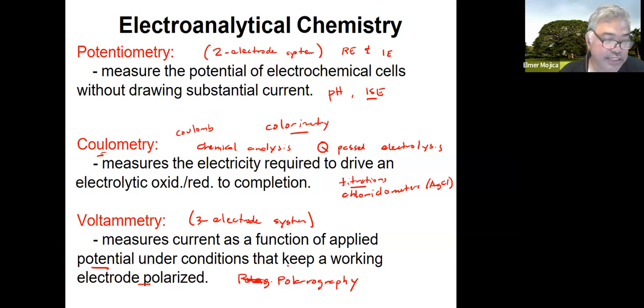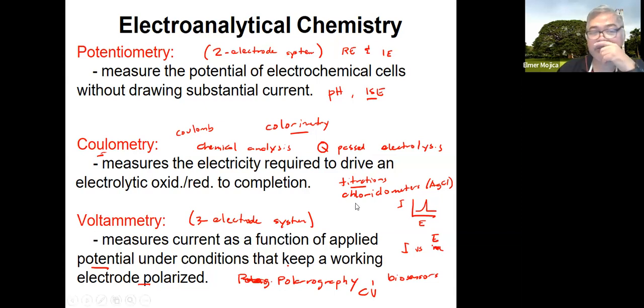In voltammetry, that's where most of the so-called biosensors are. You have the CV, the cyclic voltammetry, and you have here a plot of current versus potential. So if you have it here, E, and then current. So the plot of current versus potential.